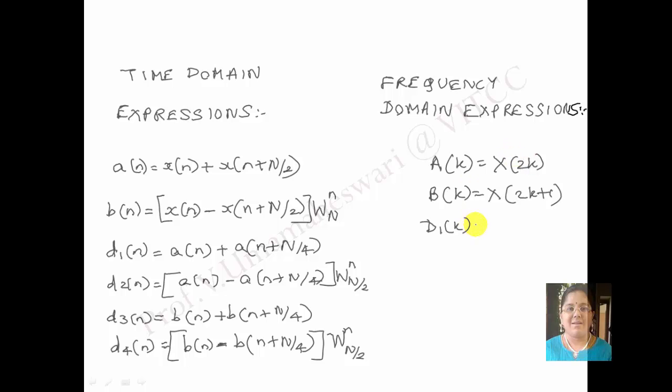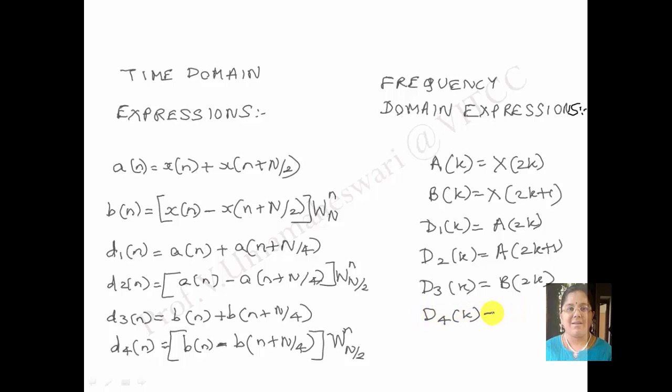D1 of k will be A of 2k. D2 of k will be A of 2k plus 1. D3 of k will be what? B of 2k, and finally D4 of k is nothing but B of 2k plus 1.